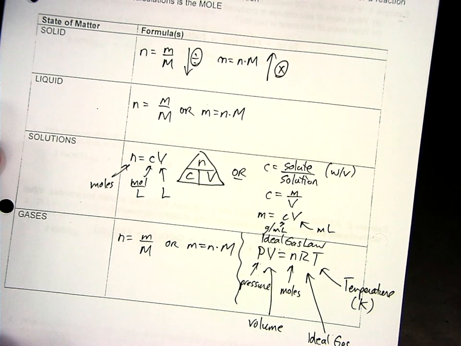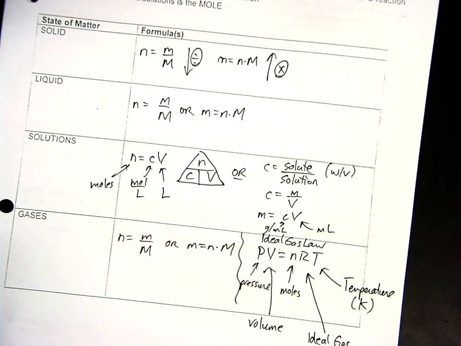And then once we find out the moles of the desired substance, we can convert it into mass or volume, depending on the needs of the question. So we'll take a look at a couple examples there.